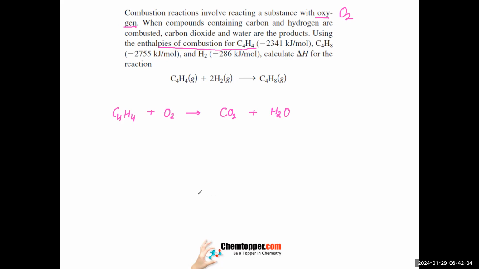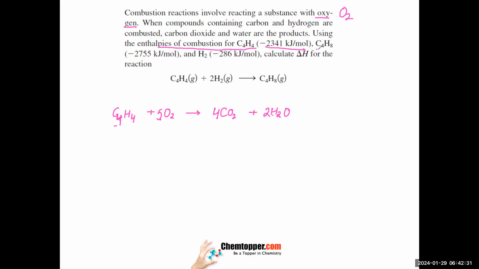But Shrihan, we have to balance the equation. Balance it for 1 mole of this. So 4 carbons, so put 4 here. 4 hydrogens, so put 2 here. 5 O2. This is per mole of C4H4, so it should remain 1 mole.